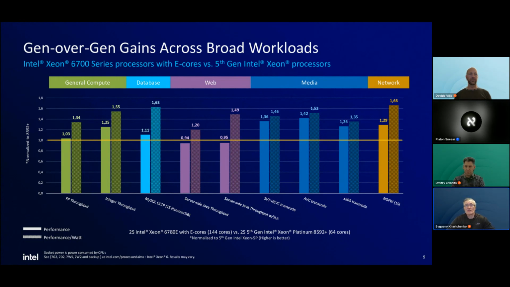But as soon as you look at performance per watt, the picture is better. It's something in the range of 1.2 to 1.66x speedup, and the average is somewhere around 1.4x or more, which is pretty decent because we compare just adjacent generations.